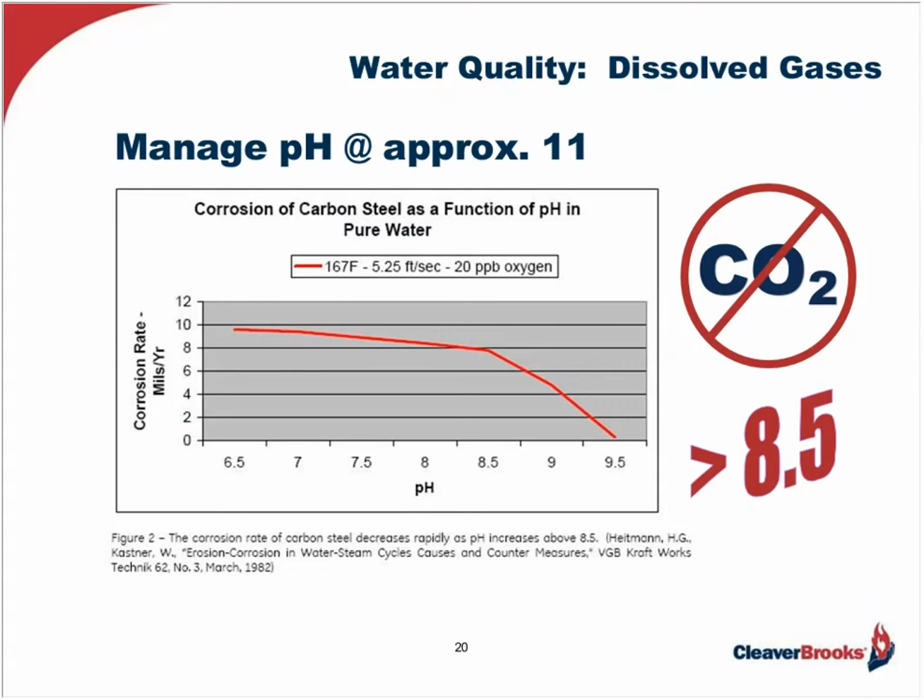As you can see on the slide, the pH needs to be above 8.5 to inhibit corrosion. And many chemical experts recommend the pH between 9 and 12.5, with boilers operating between 0 and 300 pounds, which is what we're talking about today. And I've seen where a pH of 11 seems to be the most common target.